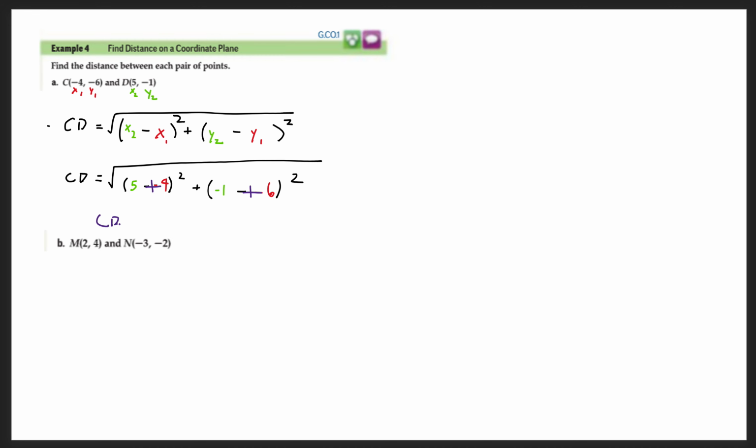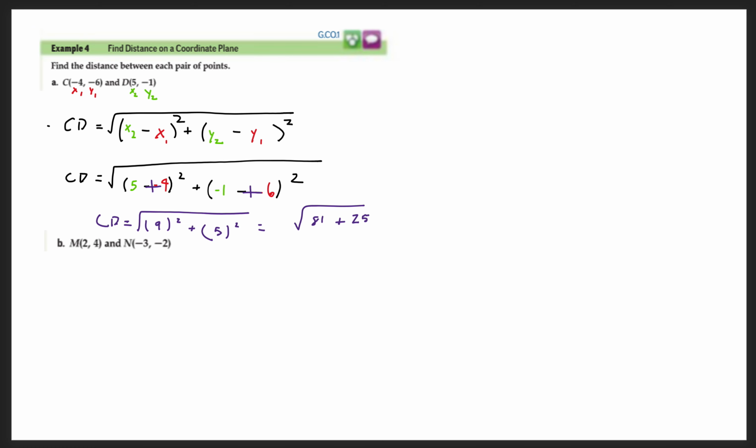So CD equals the square root. 5 plus 4 is 9. So 9 squared plus negative 1 plus 6, which is the same as saying 6 minus 1, which is 5 squared. 9 squared is 81 plus 5 squared is 25.